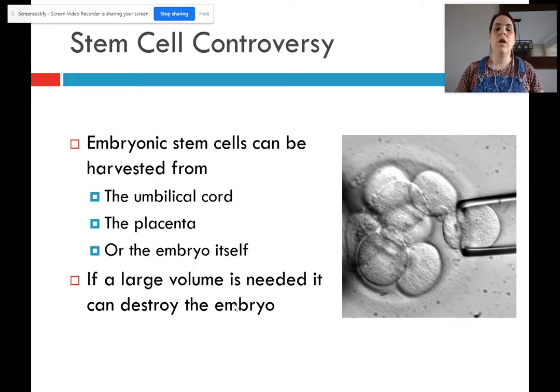A lot of research stem cells actually come from embryos themselves, and why it's tricky is that because you need a large volume, the embryo is destroyed in the process. Often research facilities will collect embryonic stem cells from embryos, often from IVF, or in vitro fertilization, clinics.